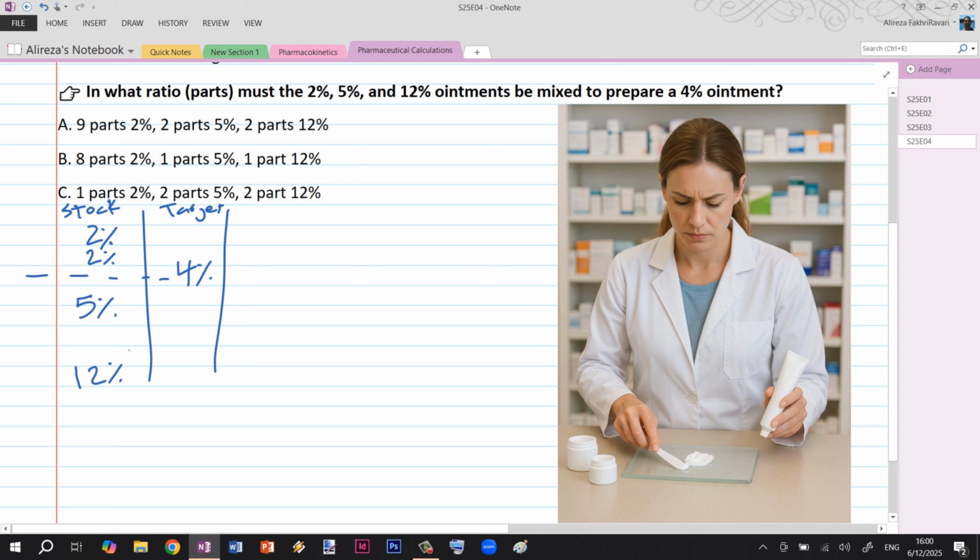Then I'm going to use a different color and say 4 minus 2 equals 2, and then for this one, again 4 minus 2 equals 2.